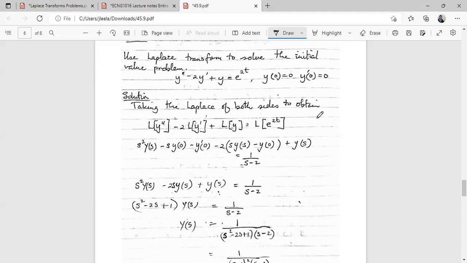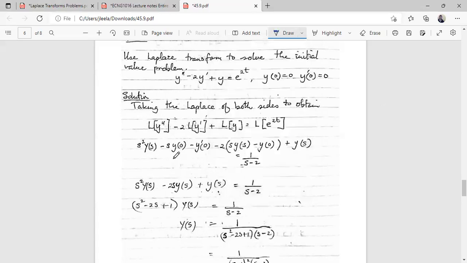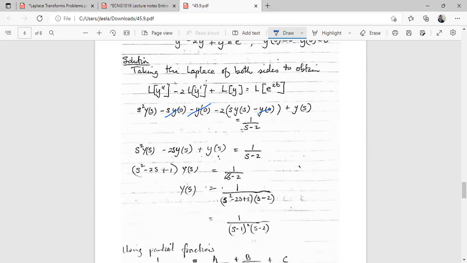And then when you substitute the initial conditions, you're substituting 0 here, so this will drop out, this will drop out, and this here will drop out as well. So you just get s squared Y(s) minus 2sY(s) plus Y(s) is 1 over s minus 2.